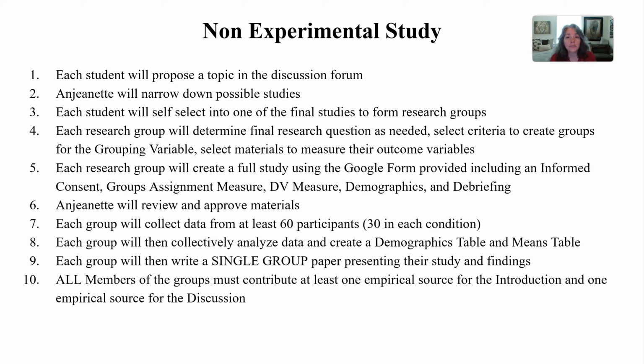So you will be using a minimum of 10 sources for this paper. This paper inevitably will be longer, and you should do a little bit of that literature review and background research before you actually design the study.